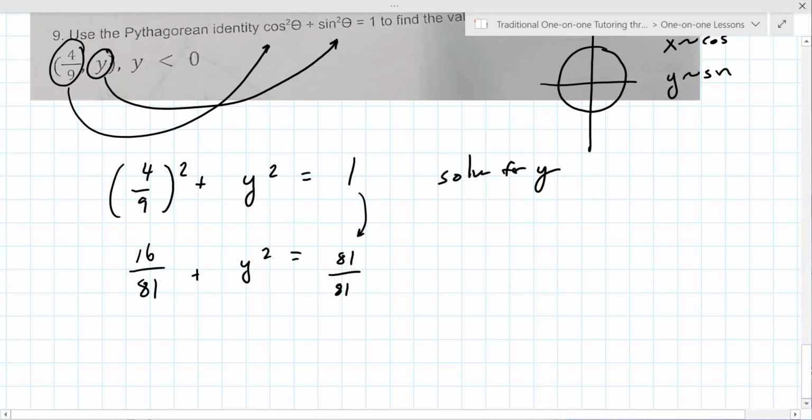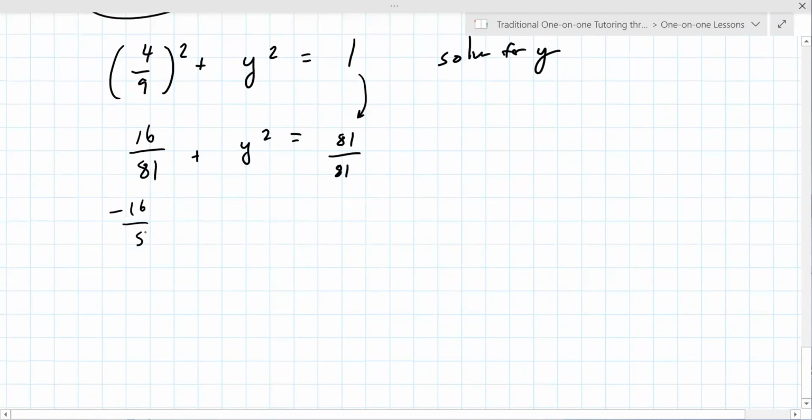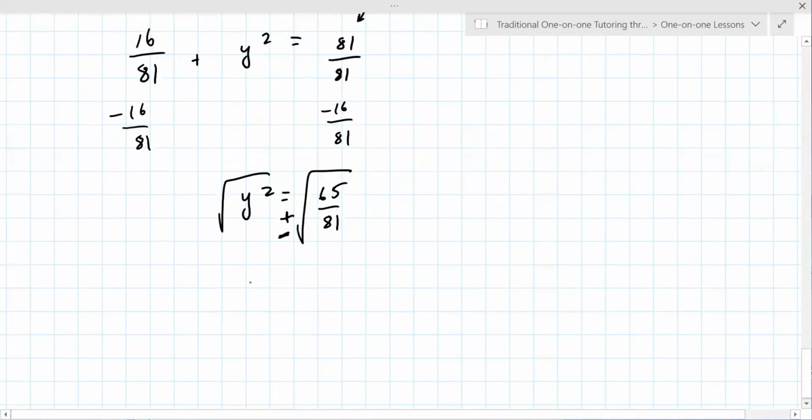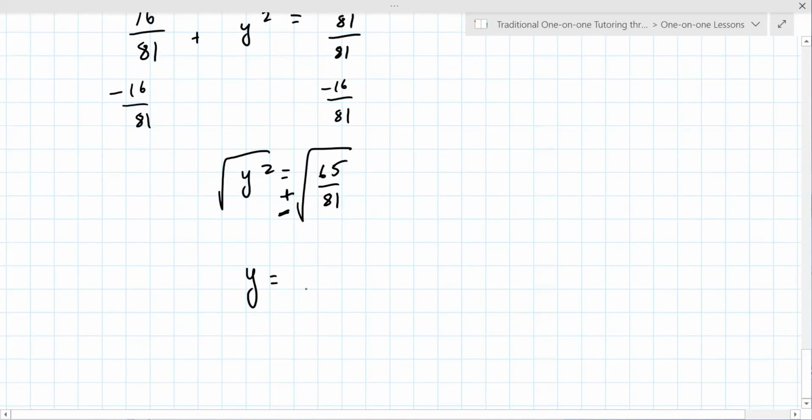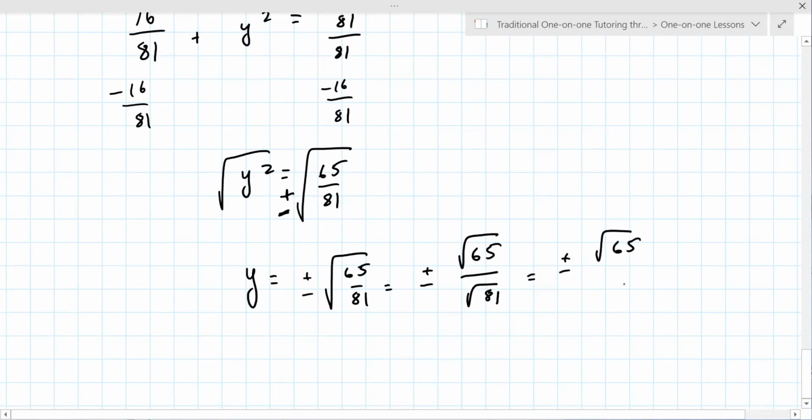When you subtract 16 over 81 from both sides, you get y squared equals 65 over 81. Then you take the square root of both sides, but when you take a square root, it's plus or minus. So y equals plus or minus the square root of 65 over 81, which is plus or minus the square root of 65 over the square root of 81, so plus or minus the square root of 65 over 9.